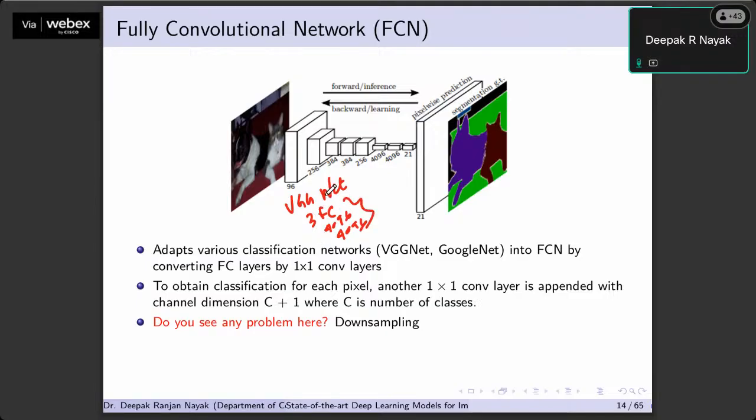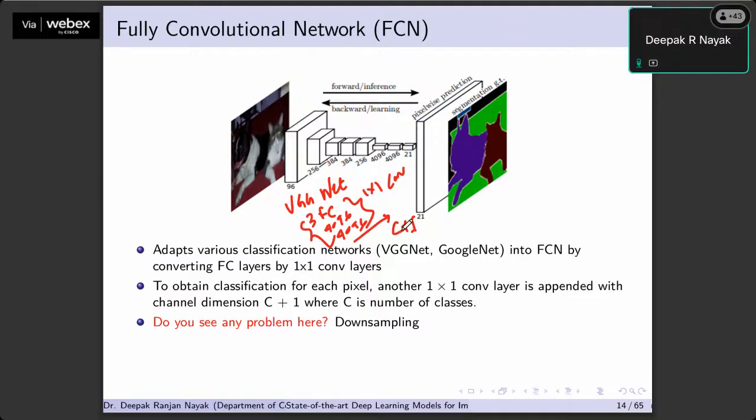So what they initially did is replace all the 3 FC layers by 1x1 convolutional layers. So there is no FC layer now. All layers are replaced with 1x1 convolution, and the last 1x1 convolution will have C plus 1 channels. That means it is not going to have 1000 neurons.